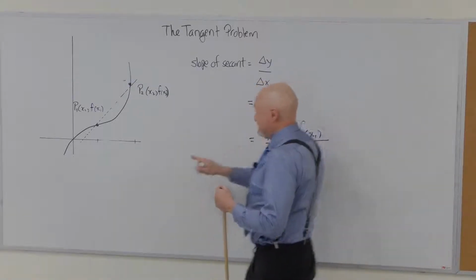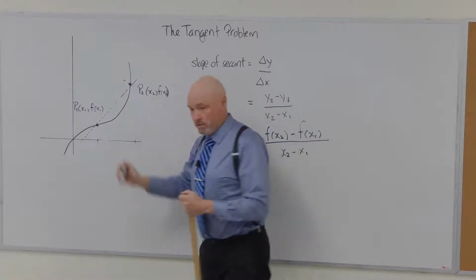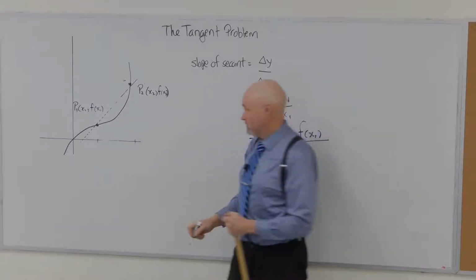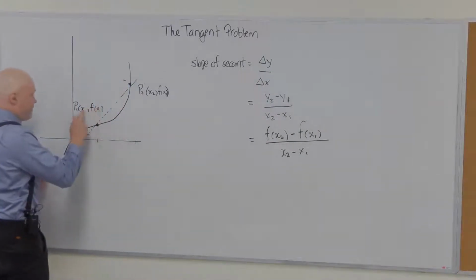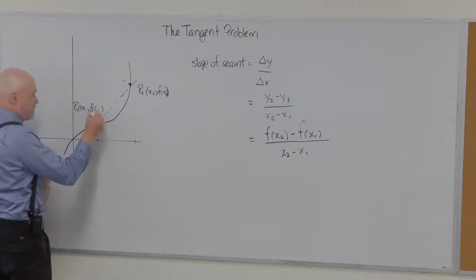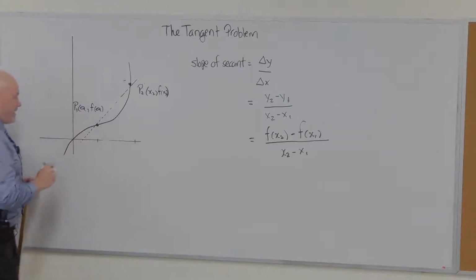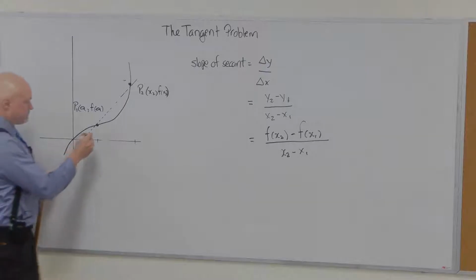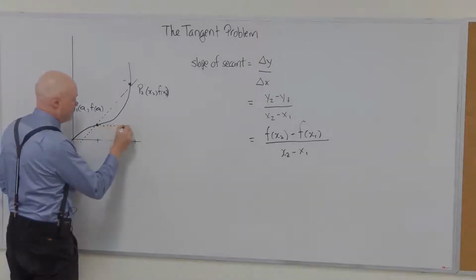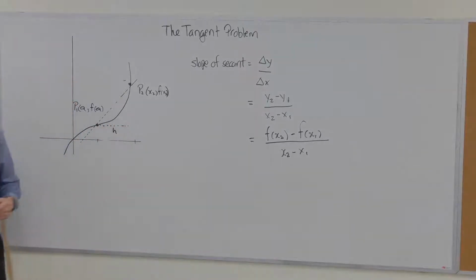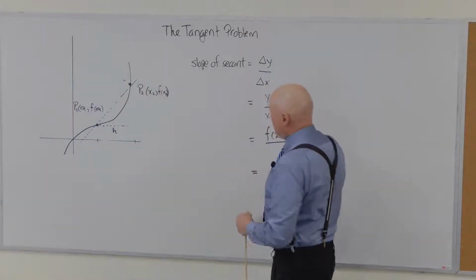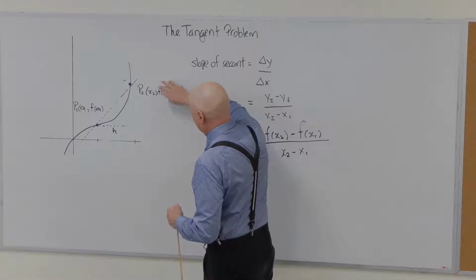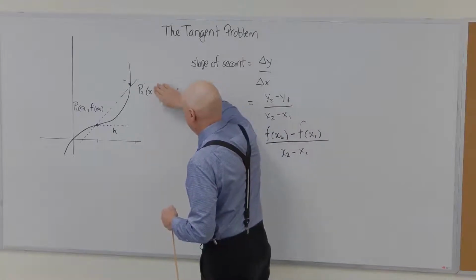Okay, instead of x2, to do this conveniently, actually, let's call this a for now. So this has the coordinates a and f at a. And we are going to go over h. Okay. And so this is no longer x2 and f at x2.